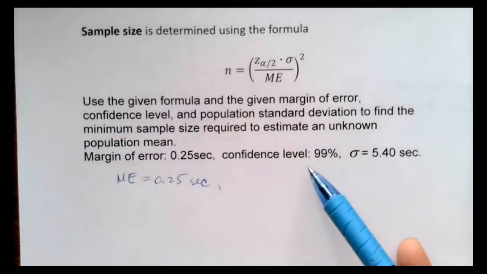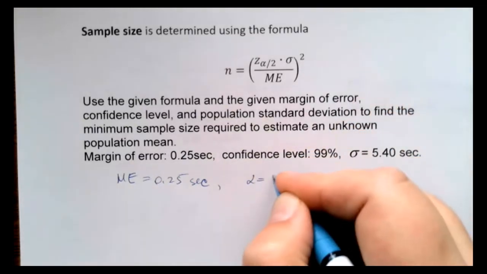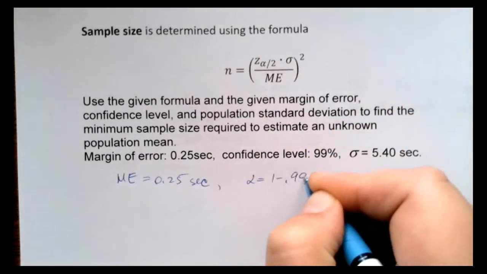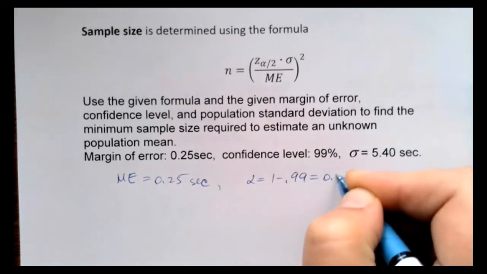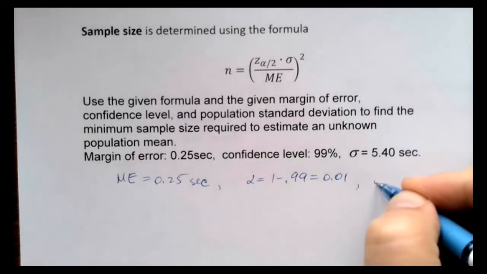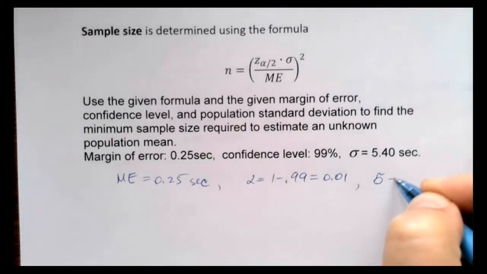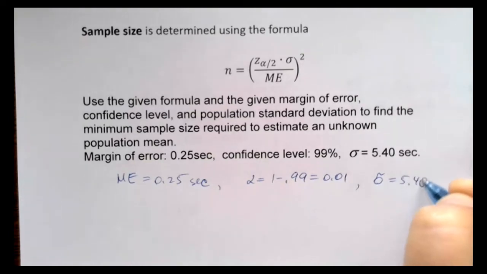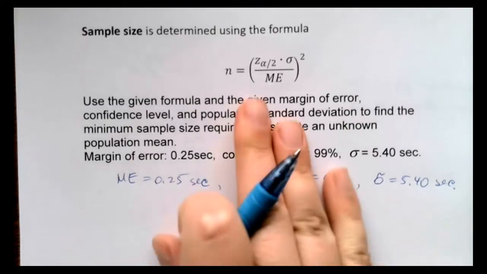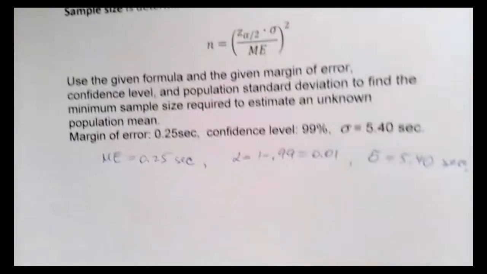The confidence level is 99%. So that means that alpha is 0.01. And our sigma, or the standard deviation of the population, is 5.40 seconds. Okay, with this information, we can actually find our sample size.